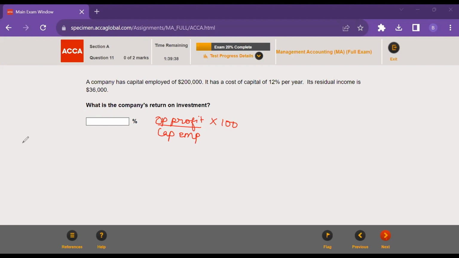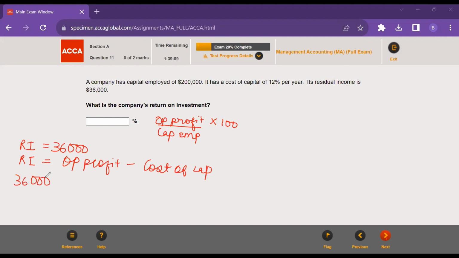We are told that we have a residual income of $36,000. Now, we know that residual income is nothing but your operating profit minus your interest, right? Cost of capital, you can say. Cost of capital would be a better word over here. So RI is given to me as 36,000.